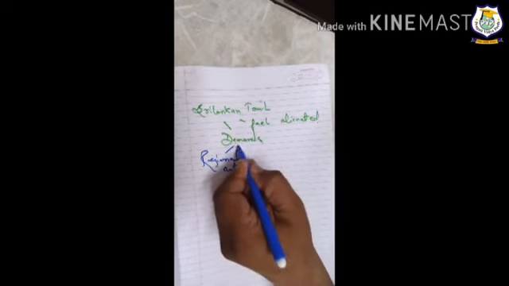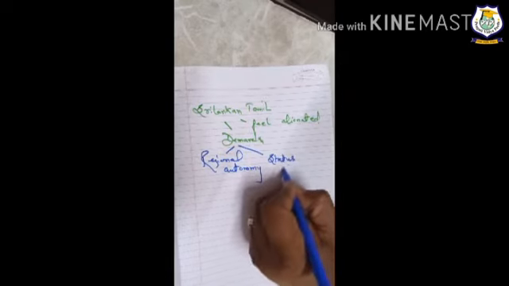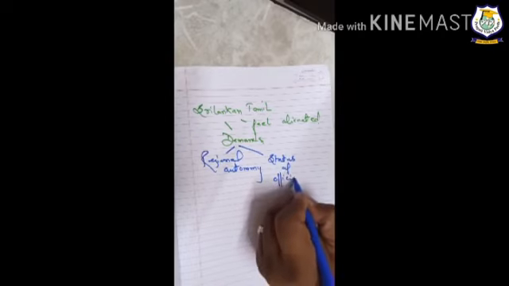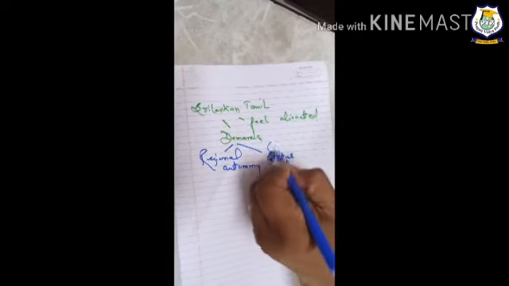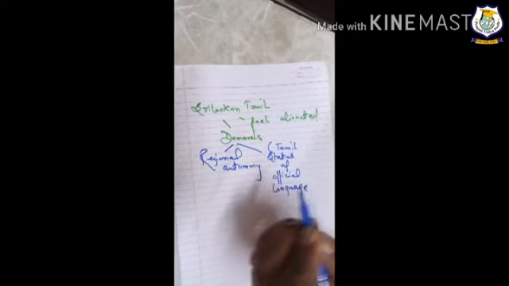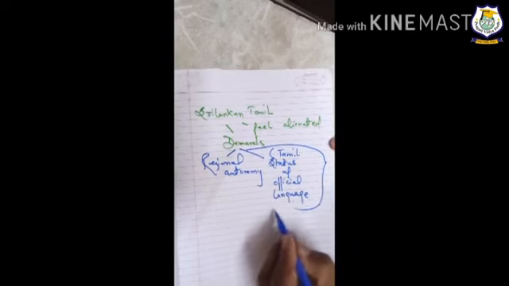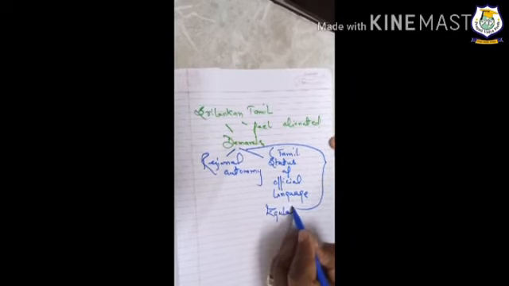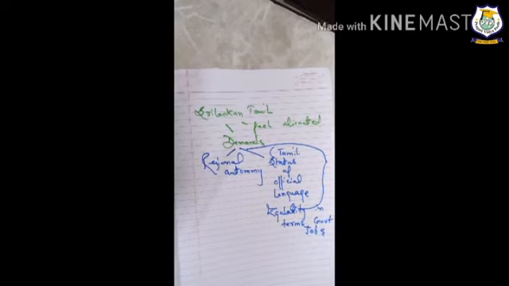And after that, they wanted the status of official language for the language Tamil, and equality in terms of government jobs.